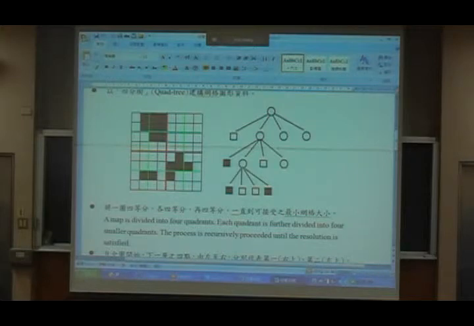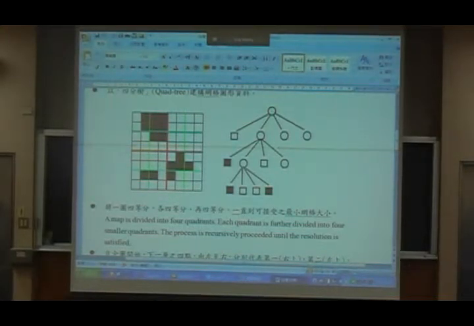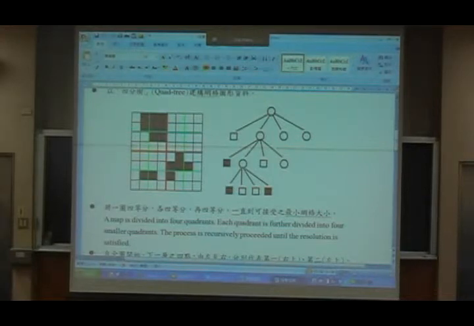When we encounter a circle, we always divide it into 4 quadrants. For example, here we use red lines. So it's quadrant 1, quadrant 2, quadrant 3, and quadrant 4.